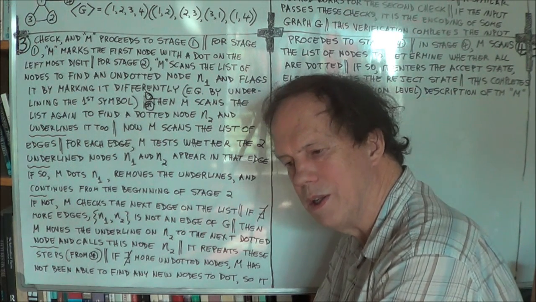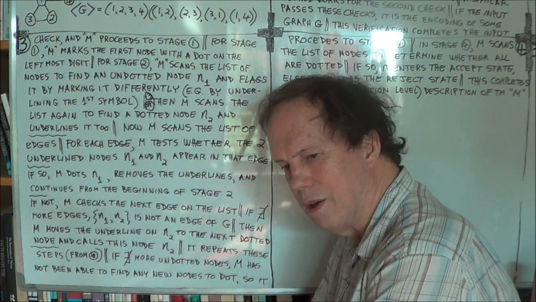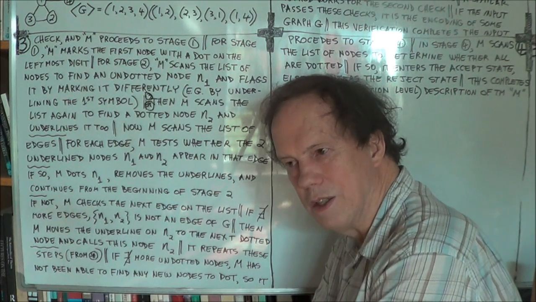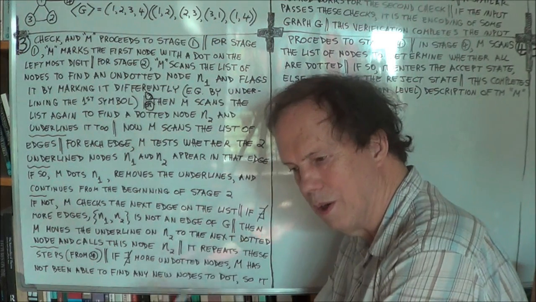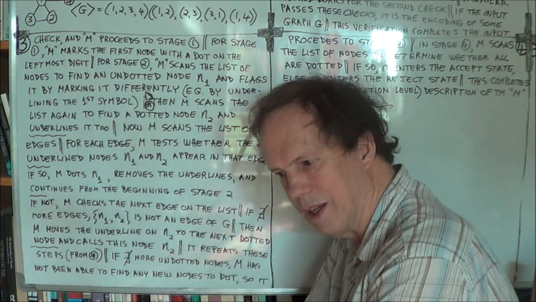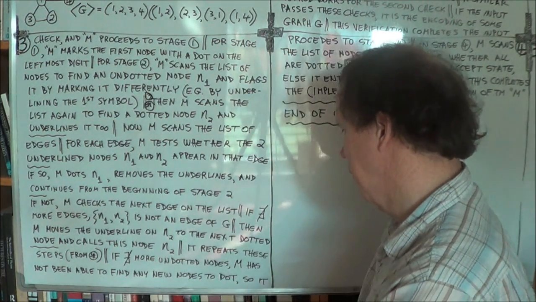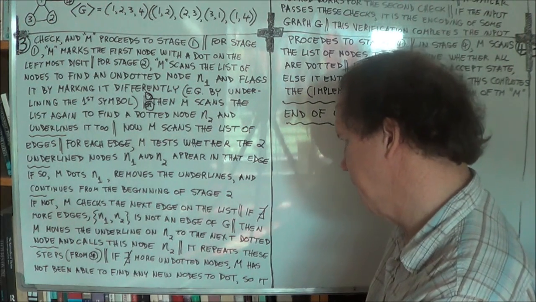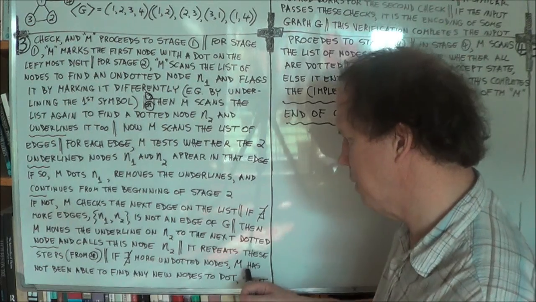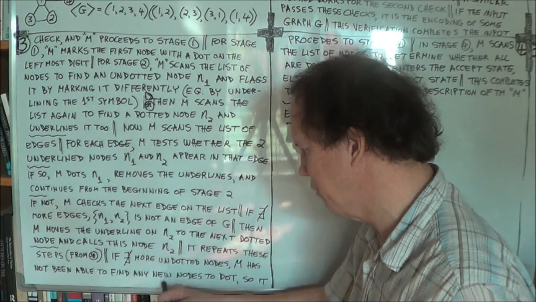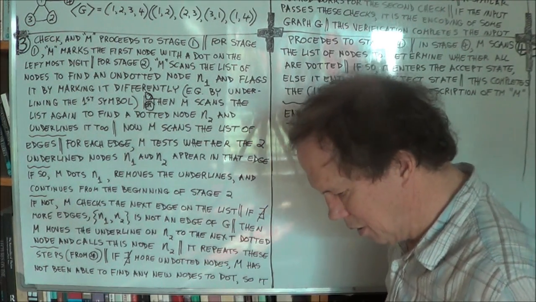So what you now need to do is to check that that's the case. You need to check that every node in your graph is dotted. In other words, every node belongs to your one island, so to speak. So if there are no more undotted nodes, then it hasn't been able to find any new nodes to dot.